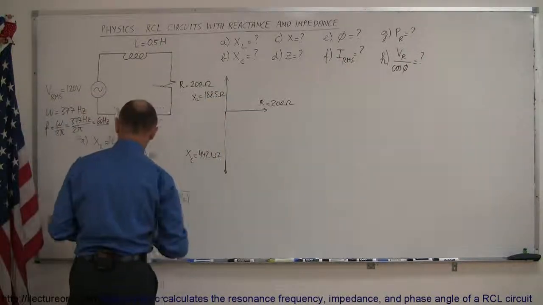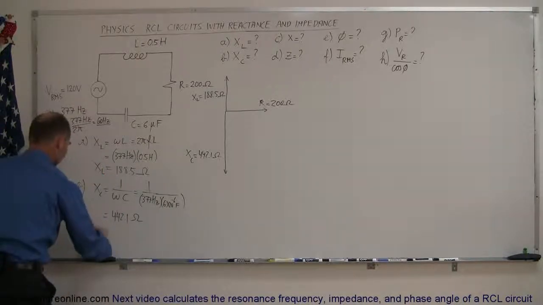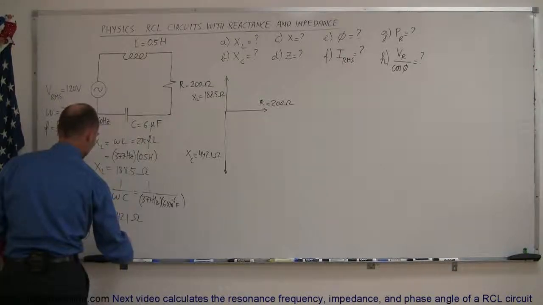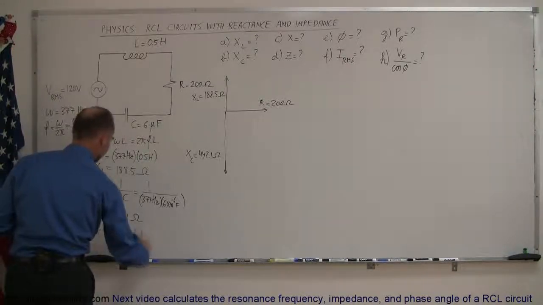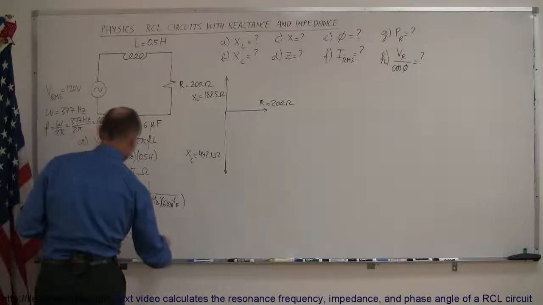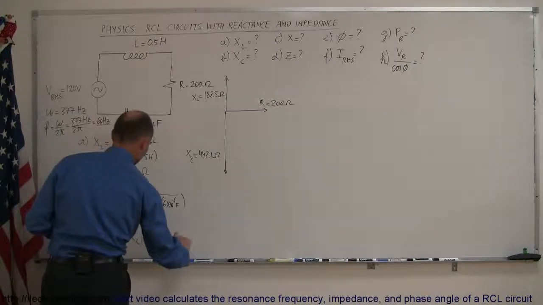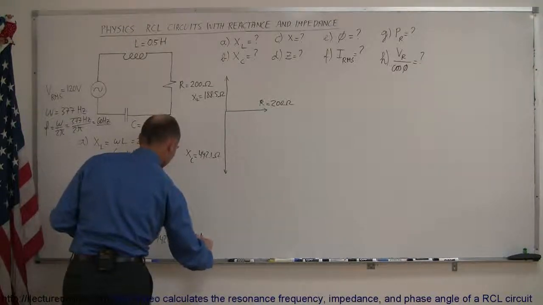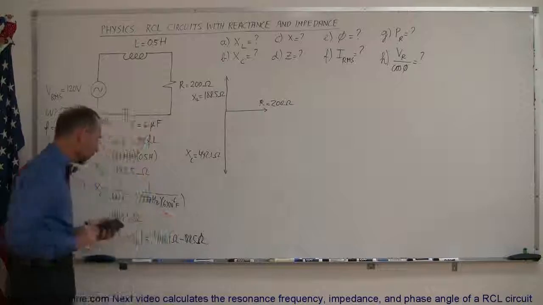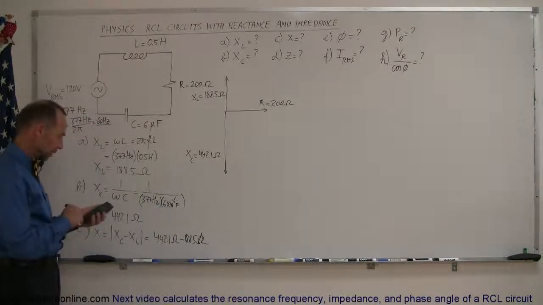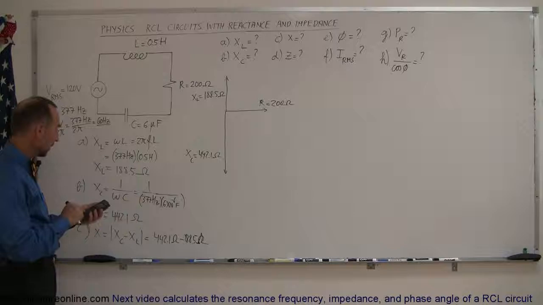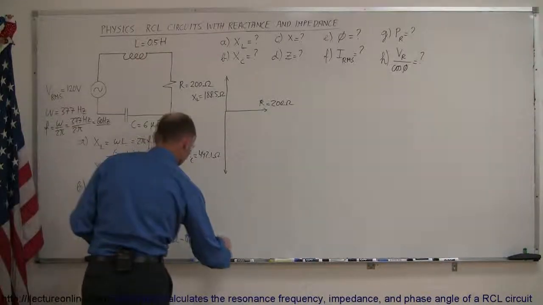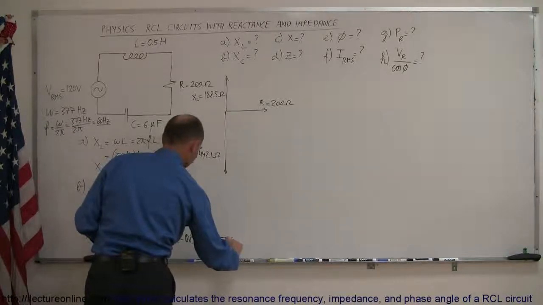So to find the total reactance X, that is equal to the difference between the two reactances, so that would be the X sub C minus the X sub L. So in this case, that would be 442.1 ohms minus the 188.5 ohms. 442.1 minus 188.5, and we get 253.6 ohms.